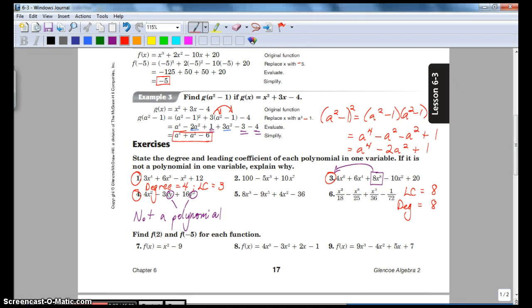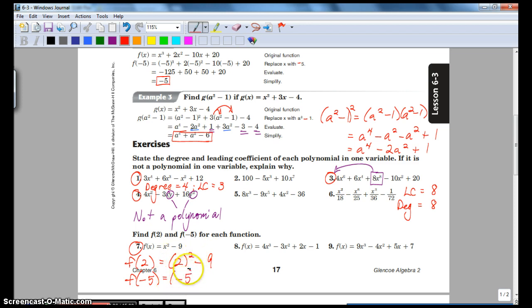Okay, on to number 7. Find f of 2 and f of negative 5 for each function. So f of 2, f of negative 5. So when it comes to evaluating at an x value of 2, we are going to substitute into 4x, and as you can see I put it in parentheses.